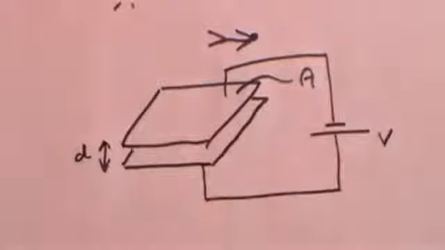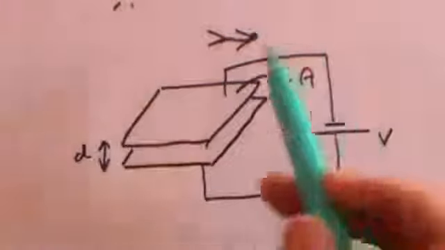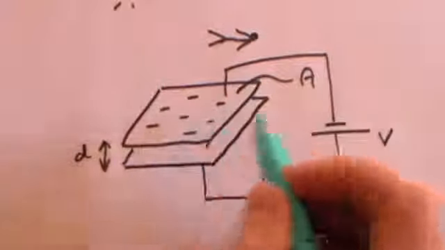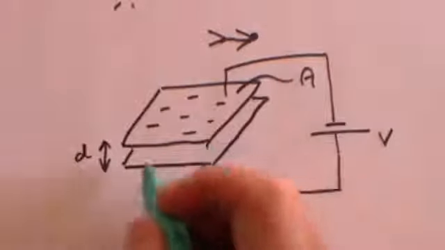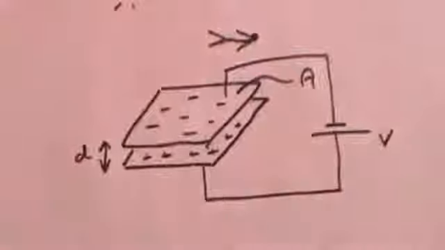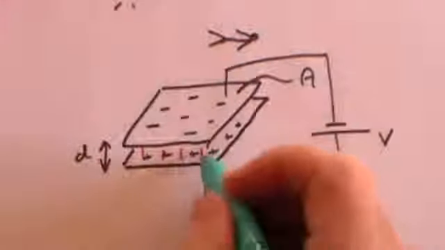There will be a negative charge on this plate here, and that will induce a positive charge on the plate below, and because of that there will be an electric field between the two plates.